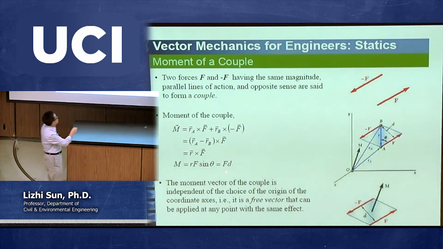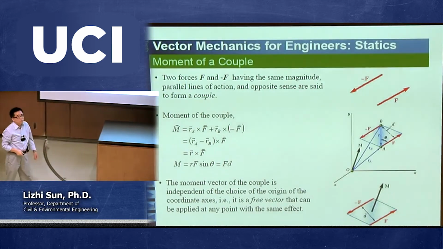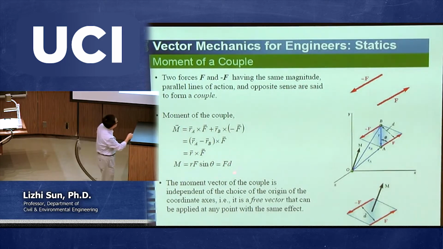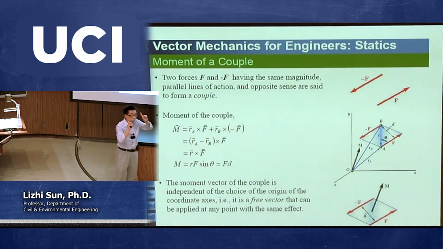So this is an equation sometimes we use to calculate the magnitude of this third type of moment, called moment due to a couple. In other words, the magnitude of the moment due to a couple is simply the magnitude of the force multiplied by the short distance between these two parallel force lines.